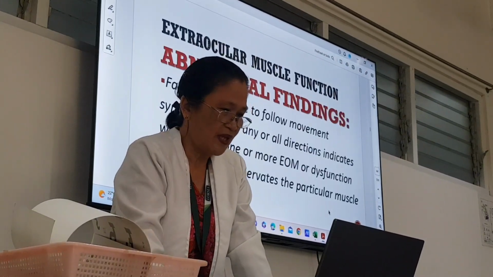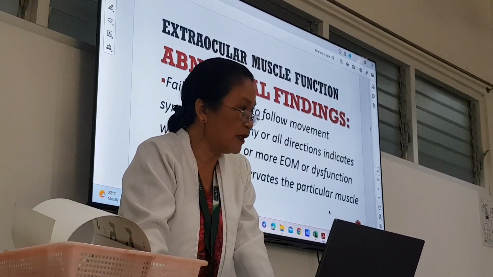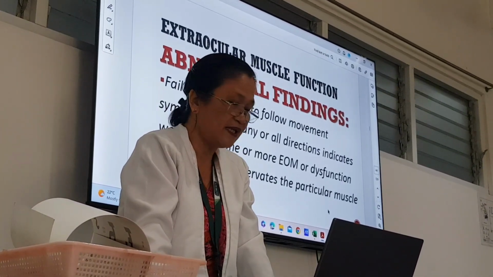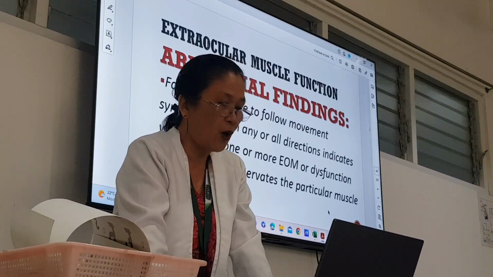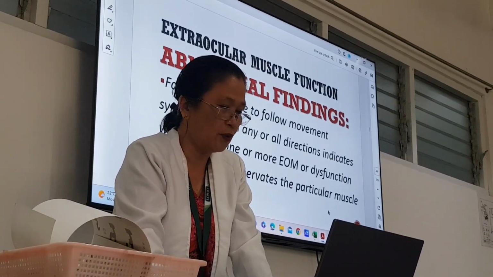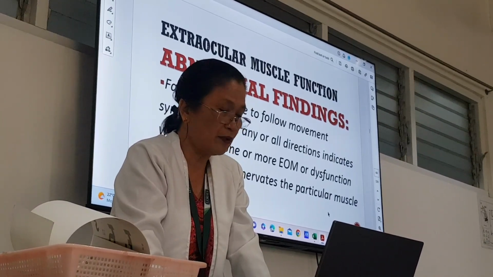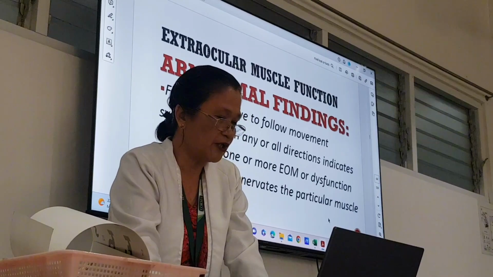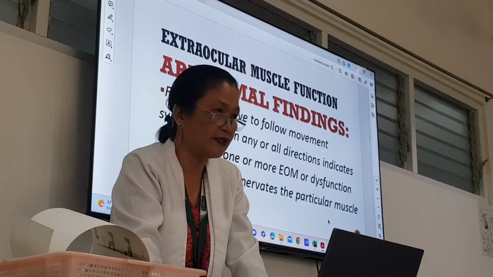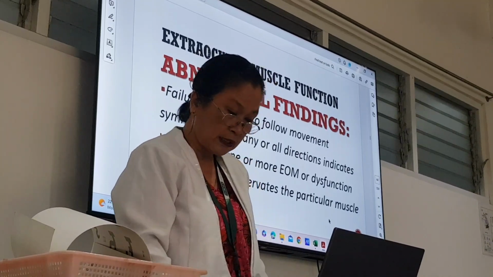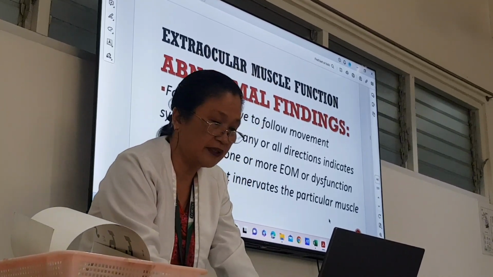So, if there is the abnormal findings, failure of the eye to follow movement symmetrically in any or all directions indicates weakness in one or more eye ocular movement or dysfunction of the cranial nerve that innervates the particular muscle.